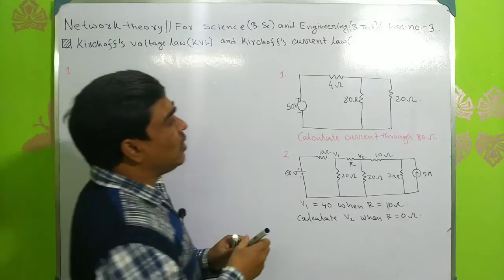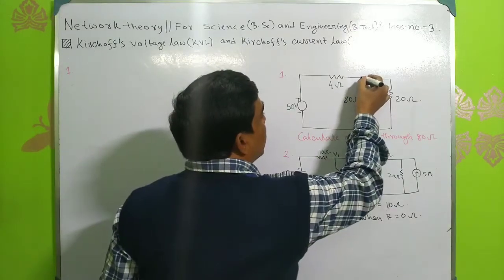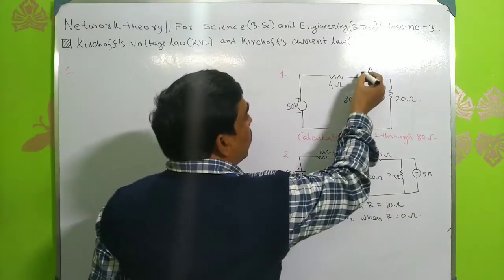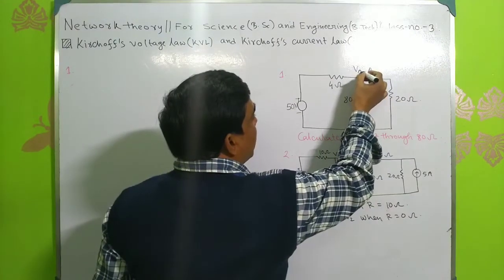So here number 1. Here you see this is a node. Suppose this is node A. So this node voltage is VA.